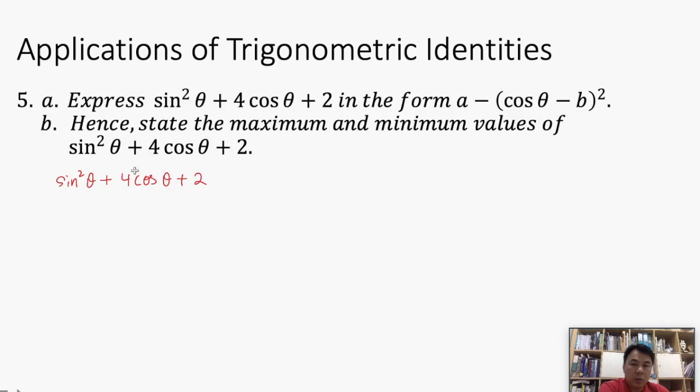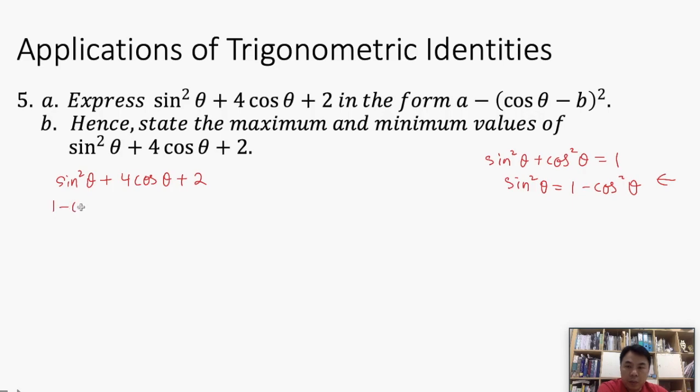Therefore, it's better to convert it into one trigonometric ratio. So in this case, we're going to use sine square theta is equal to 1 minus cosine square theta.